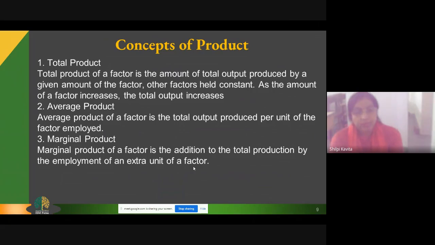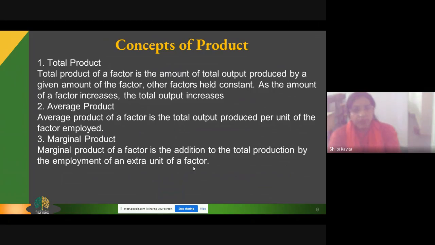Average product of a factor is the total output produced per unit of the factor employed. That means if 100 chairs are being produced by 10 laborers, then 100 divided by 10 is equal to 10. This is the average product. And the marginal product of a factor is the addition to the total production by the employment of an extra unit of a factor.